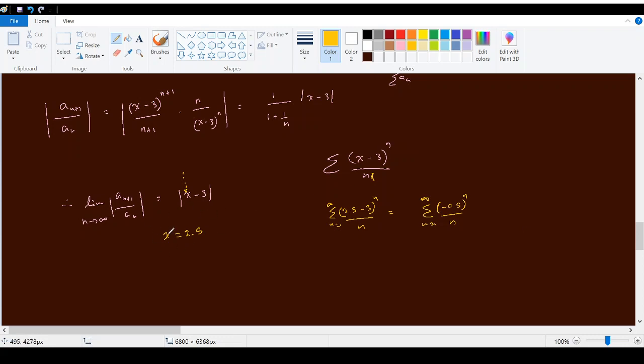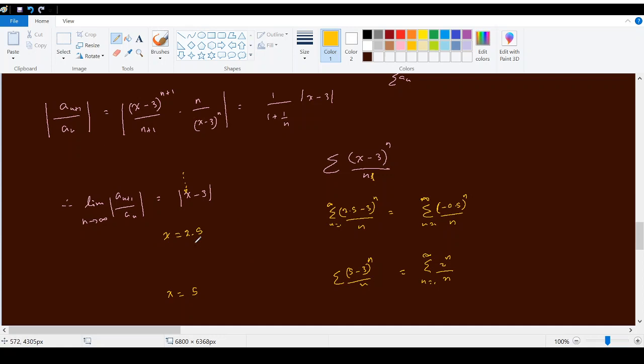So x equals 2.5 means this series, and let's have something like 5. So x equals 5 means this series, we substitute 5 instead of x, right? So you will get this one as our series, right?